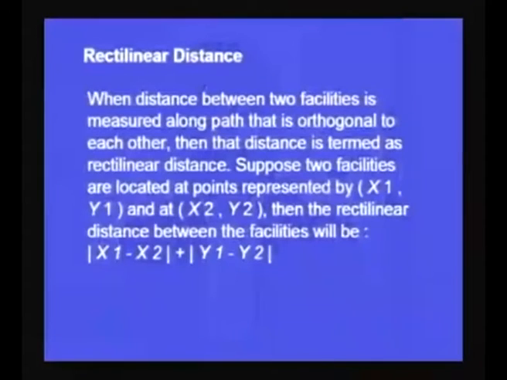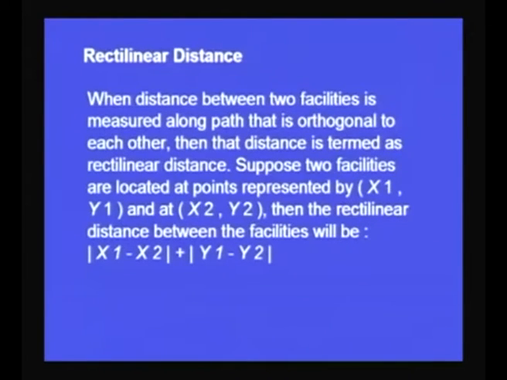When the distance between two facilities is measured along the path that is orthogonal to each other, orthogonal to each other means at 90 degrees, then that distance is termed as the rectilinear distance. So whenever the distance measured is orthogonal, we say that it is a rectilinear distance. Suppose this is one point, and this is the other point.